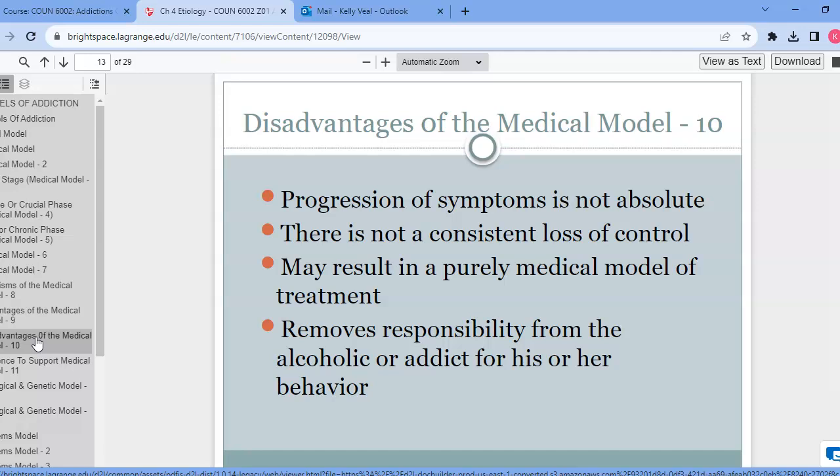Okay, just more disadvantages of the medical model. Purely medical treatment is not helpful, right? That's one piece of a huge pie. This is a collaborative planning for the client. I mean, there's self-help, there's a doctor, there's a psychiatrist, there's a counselor, there's the brain, there's the diet, there's the exercise, there's the sleep, there's the trauma, there's the family, there's Al-Anon for the family.